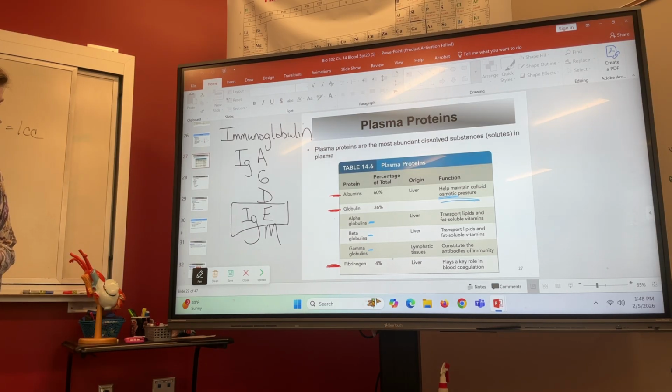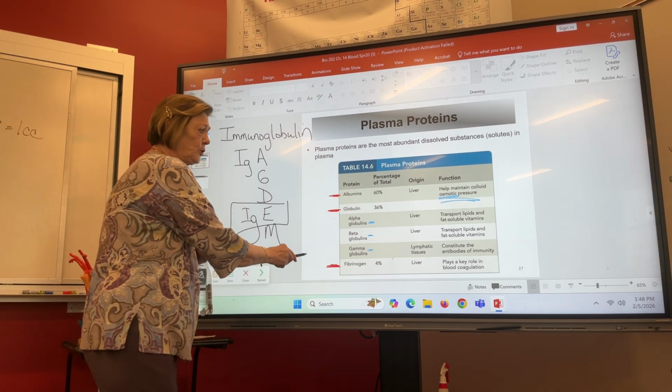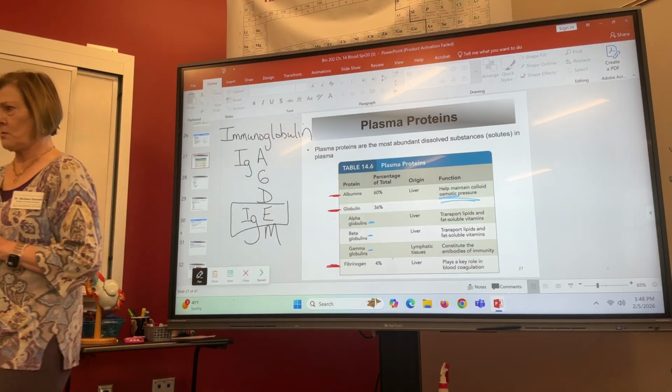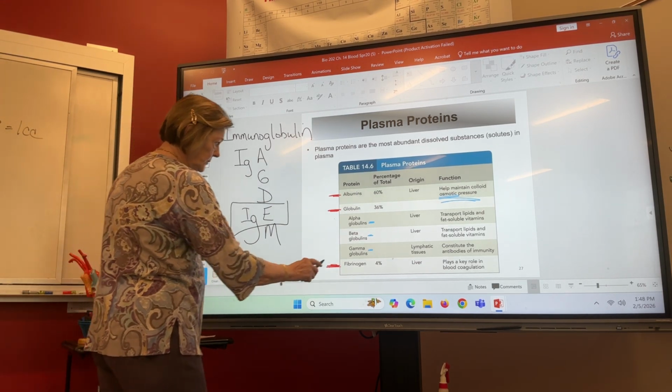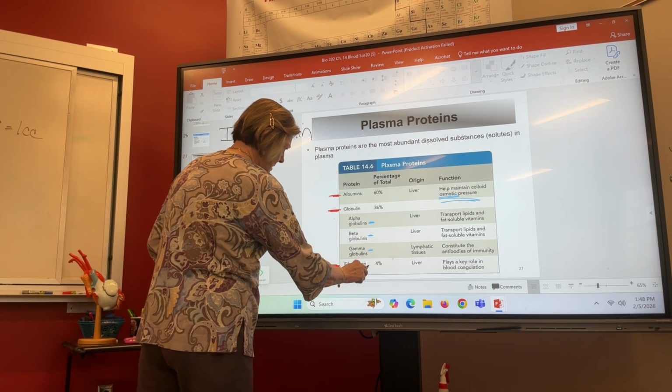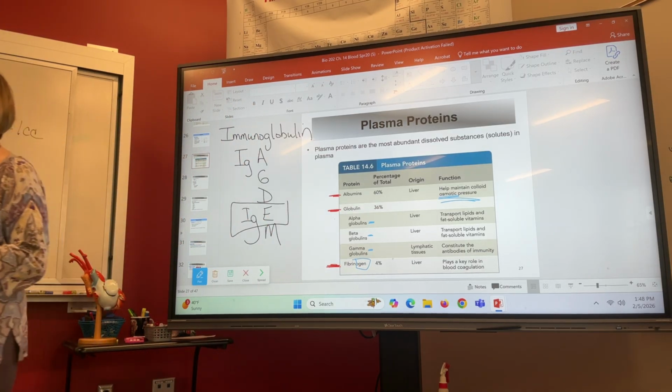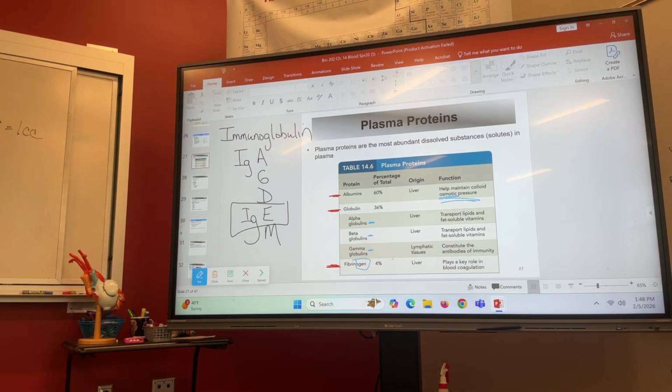So, last thing, and this you must know. Fibrinogen. Who remembers what this suffix means? Remember angiotensinogen?